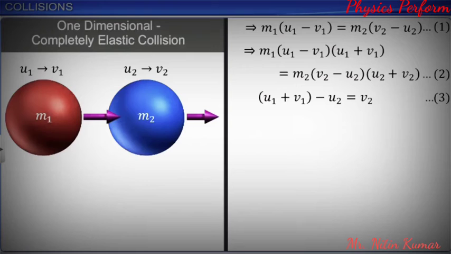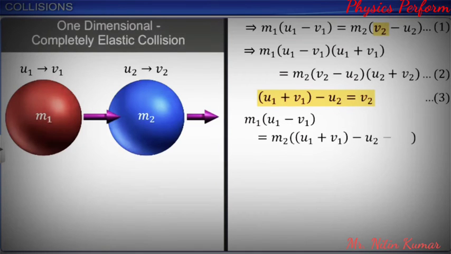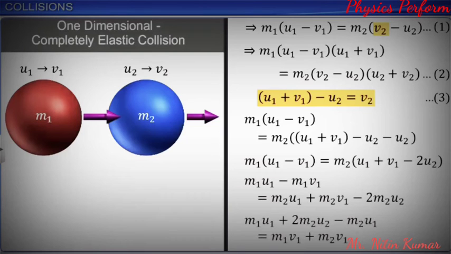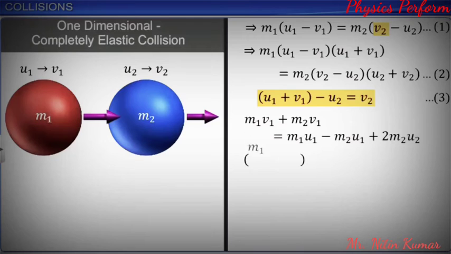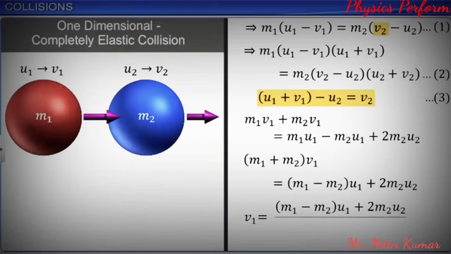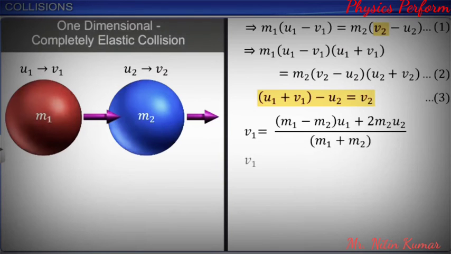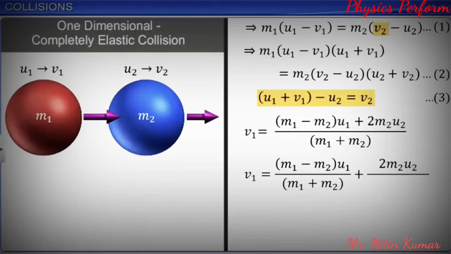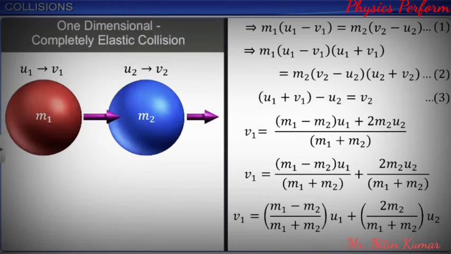Substituting the value of v2 from equation 3 in equation 1 and simplifying as shown, we get the final velocity of m1 as v1 = (m1 - m2)/(m1 + m2) × u1 + 2m2/(m1 + m2) × u2. Let this be equation 4.